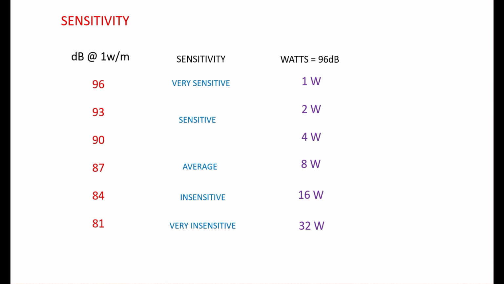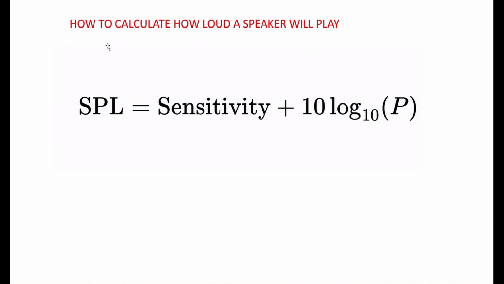That only makes common sense. So the formula for how loud a speaker will play is loudness equals the sensitivity of the speaker plus 10 times log base 10 of the watts that you're putting in. How do you figure this out? We'll just pop it into a calculator and it will tell you, right?